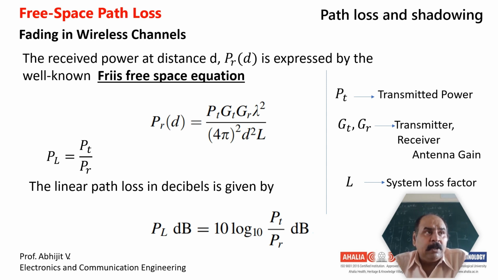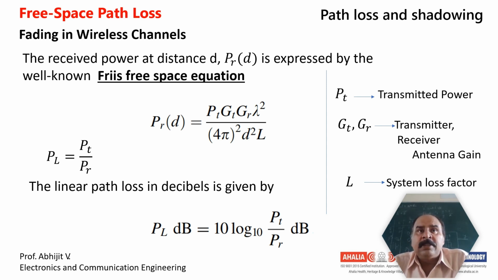The power received PR at a distance d is given by PR of d equal to the power transmitted, that is PT, times GT GR, the transmitter and receiver antenna gains respectively. Lambda is the wavelength, d is the distance, L is a system loss factor.